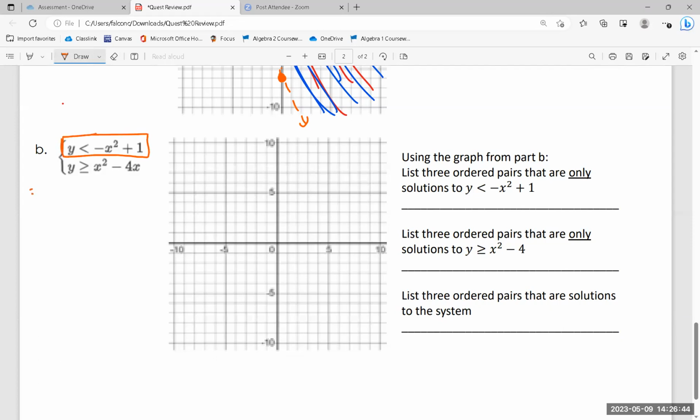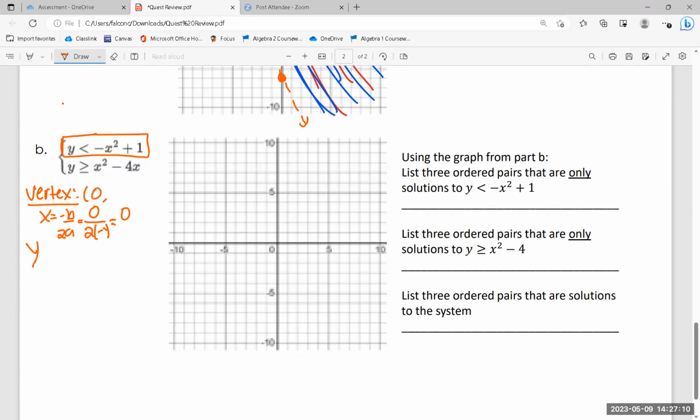Let's find our vertex for this one, the vertex of our orange one. So x equals negative b divided by 2a. There is no x in this one, so b is technically 0. Then 2 times a would be the negative 1. So our x value for our vertex is 0.